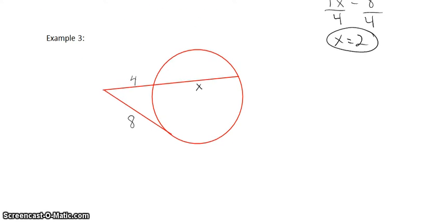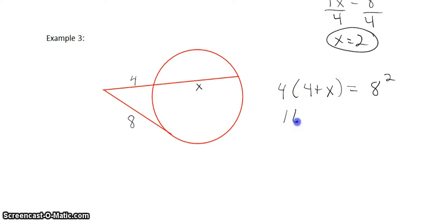Alright, and the last one includes just that touching line, the tangent. So again, I would have 4 times (4 plus x). So it's this on the outside times the sum of both of those segments, equals 8 squared.